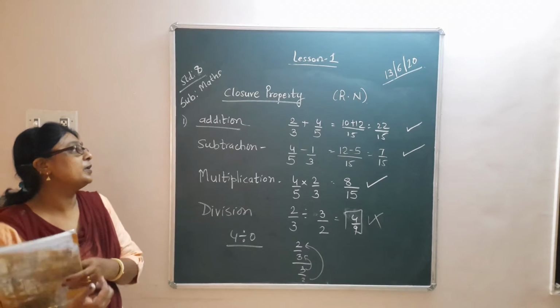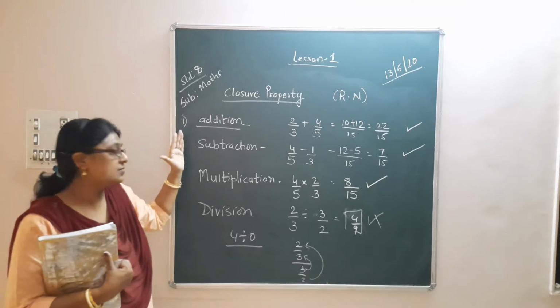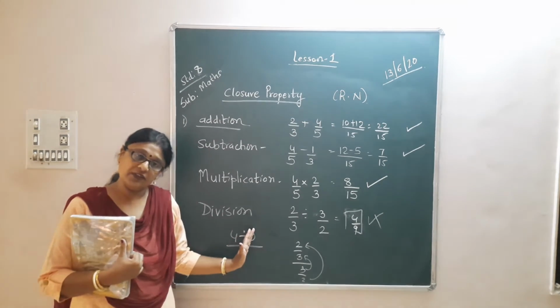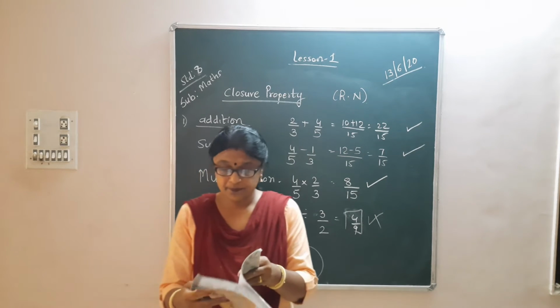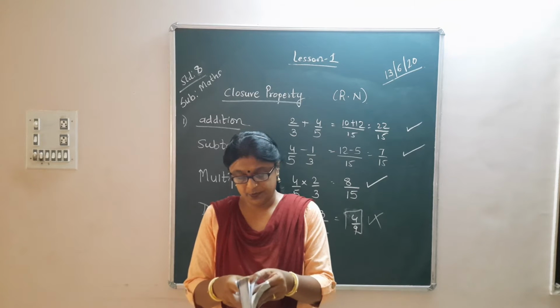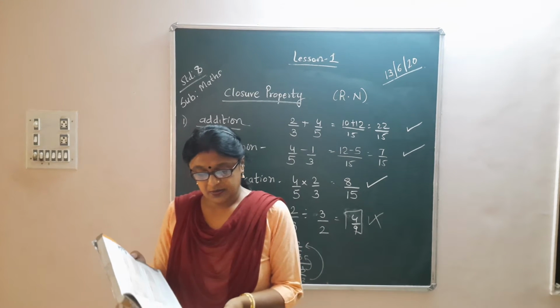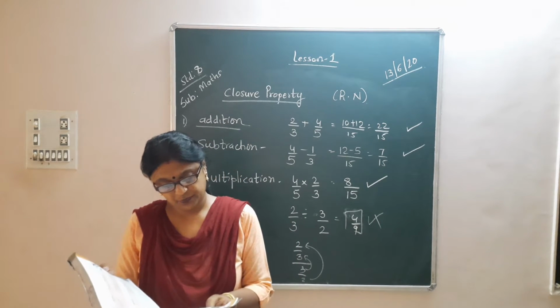So closure property for rational numbers: it is closed for addition, subtraction and multiplication, but it is not true for division. Understood? Okay, so you can see on page number 4 in your textbook, the table which is given at the end of page number 4.